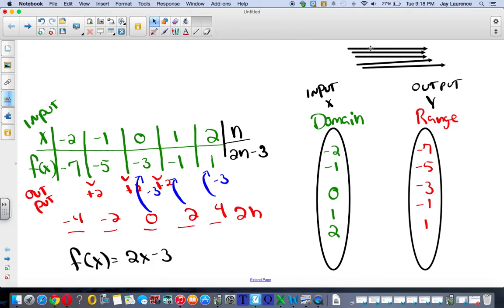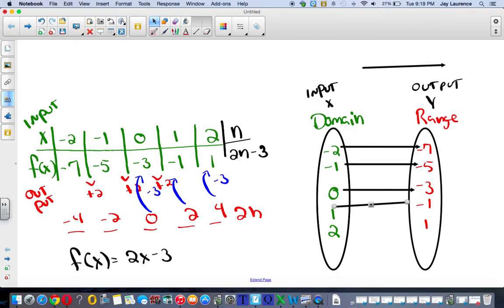All right, and we map negative 2 to negative 7. Doesn't negative 2 go to negative 7, right? Negative 1 is going to negative 5. 0 is going to negative 3. 1 is going to negative 1. And 2 is going to positive 1.